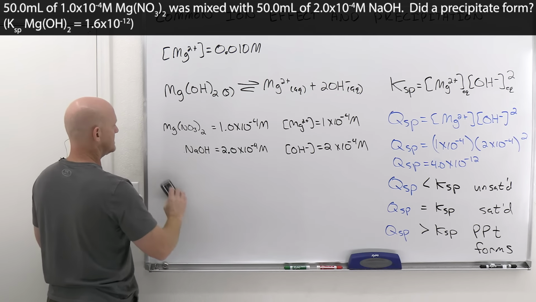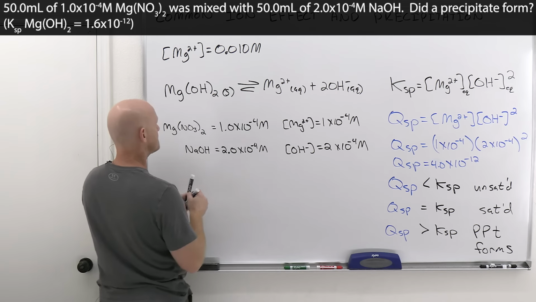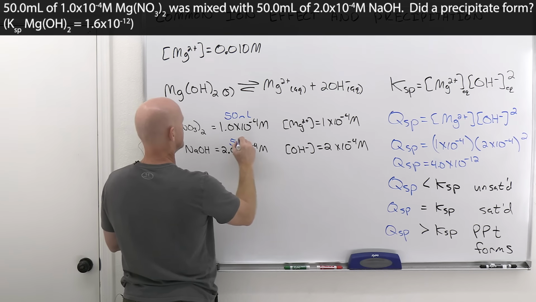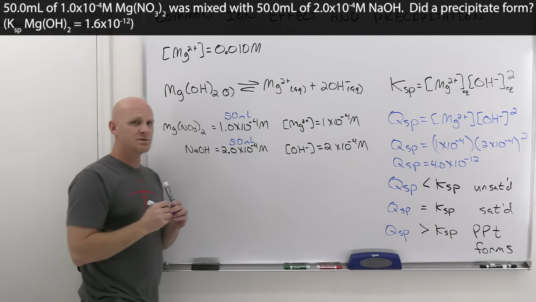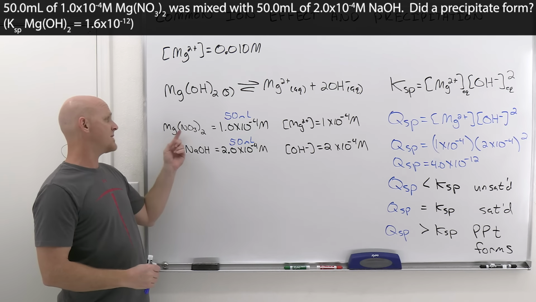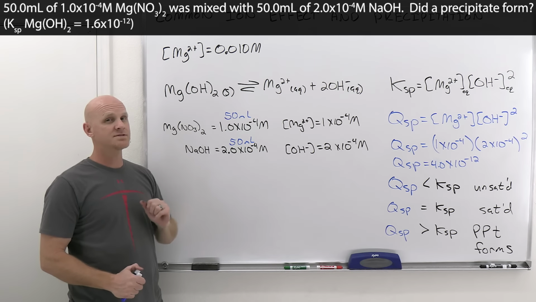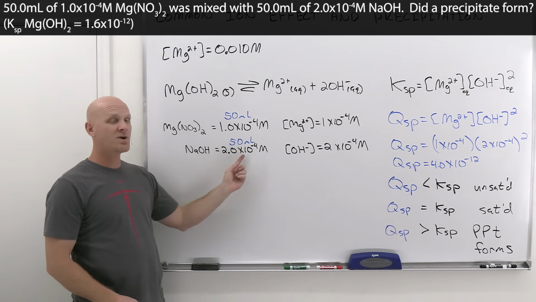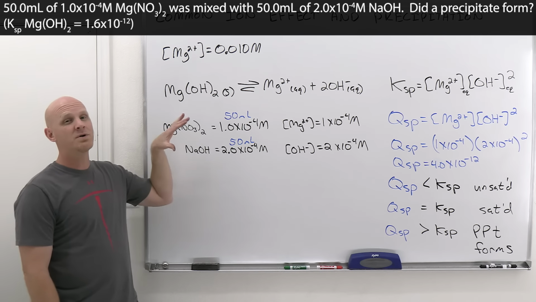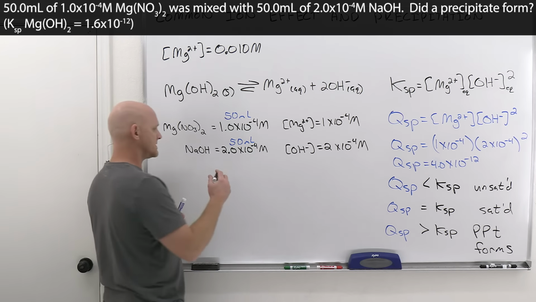And so if we use 50 milliliters of this solution and 50 milliliters of this solution, we're going to find out that they're diluting each other. The concentration of magnesium nitrate is no longer going to be 1 times 10 to the minus 4, and the concentration of sodium hydroxide after mixing is no longer 2 times 10 to the negative 4 molar. They've both gone down.